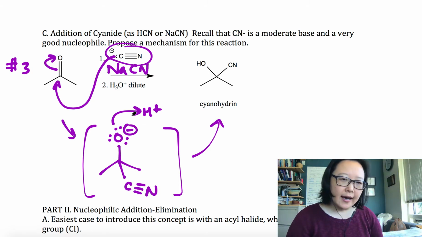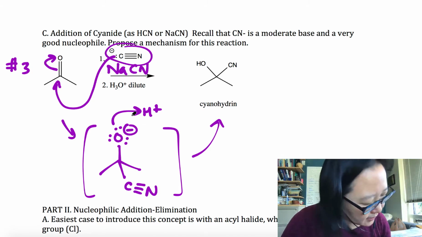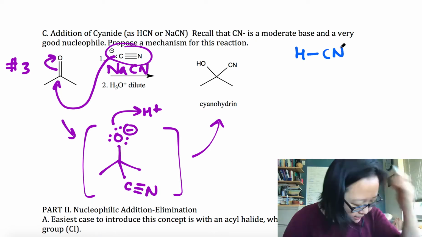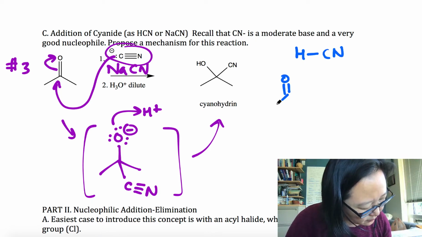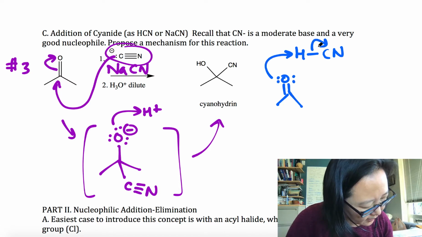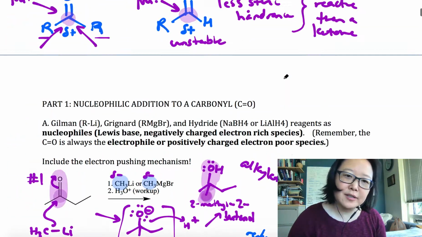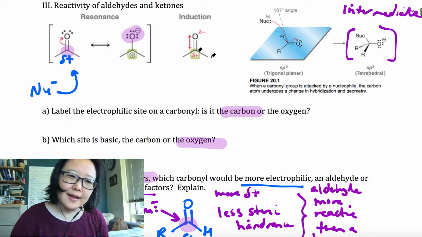All right. If you were to have HCN as your reagent, then what we would do is protonate first here, because this is our basic site, remember from our previous question about which site is basic, we said the oxygen.